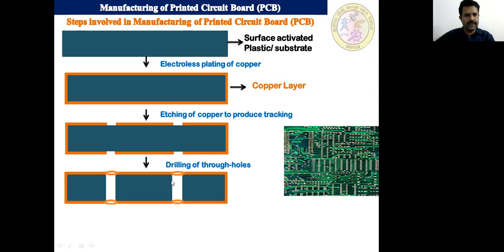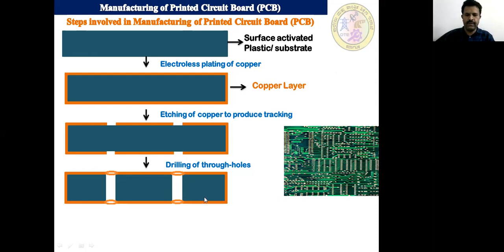And after drilling, we can see inside the hole of the plastic, there is no copper layer, and the circuit will not be complete. To complete that circuit, copper needs to be put in the inner layer of the holes.